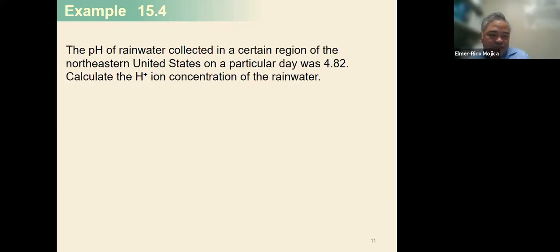Now the next one: the pH of rainwater collected in a certain region of the Northeastern United States was 4.82. Calculate the H plus ion concentration in the water. All we know is pH equals negative log of H plus. Now, if the given is the pH and the one being asked is H plus, what will be the formula?